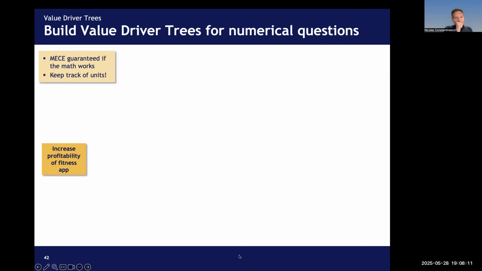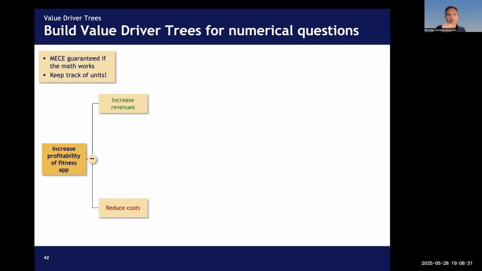So I'm going to show you through an example. Let's say that we want to increase the profitability of our fitness app. Okay, this one is easy to get started. Profit is revenue and cost. So we can increase revenues, reduce cost. I'm putting a minus sign just to make it explicit that we're doing this mathematically. All right, so increase revenues. I could do this by increasing the number of users times the revenue per user.